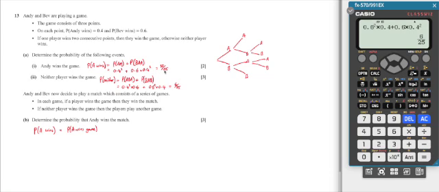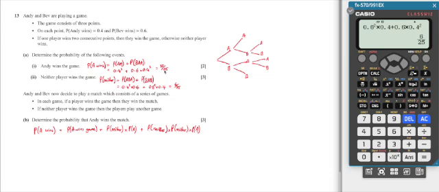So we could do it the first time, plus the probability of neither times the probability Andy wins the game, plus the probability of neither times the probability of neither times the probability of A. This is a geometric sequence.